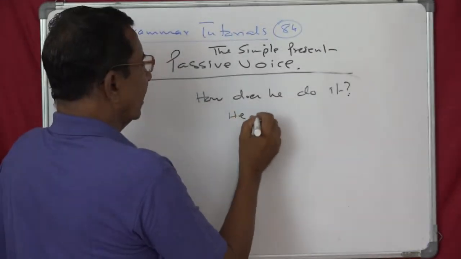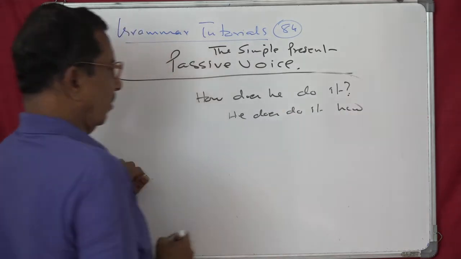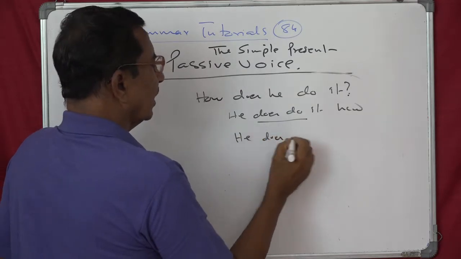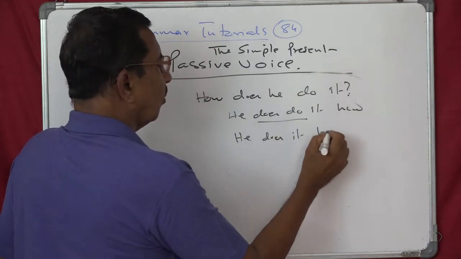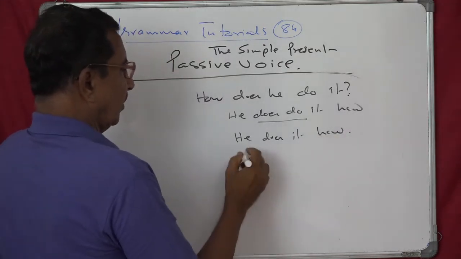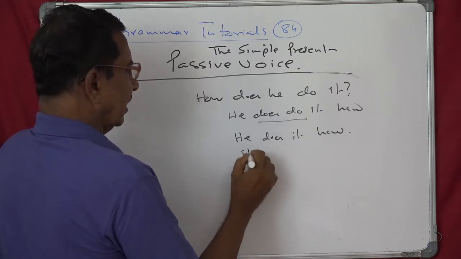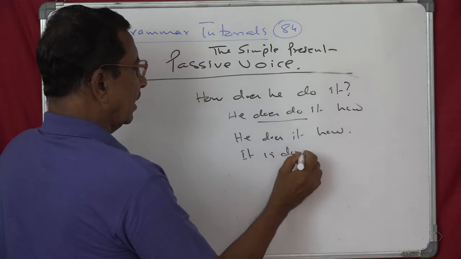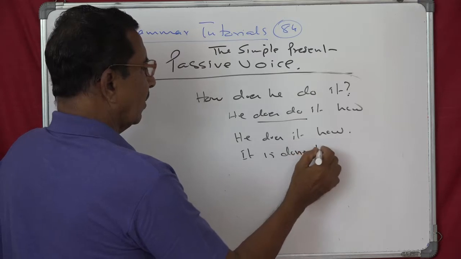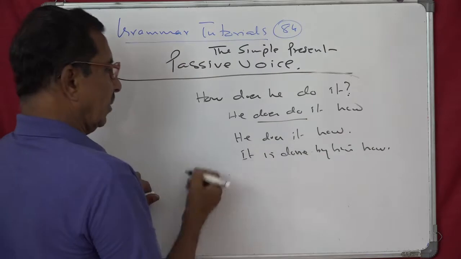He does it how? Now, he does it how? Passive will be: it is done by him how? Question has to be brought here.